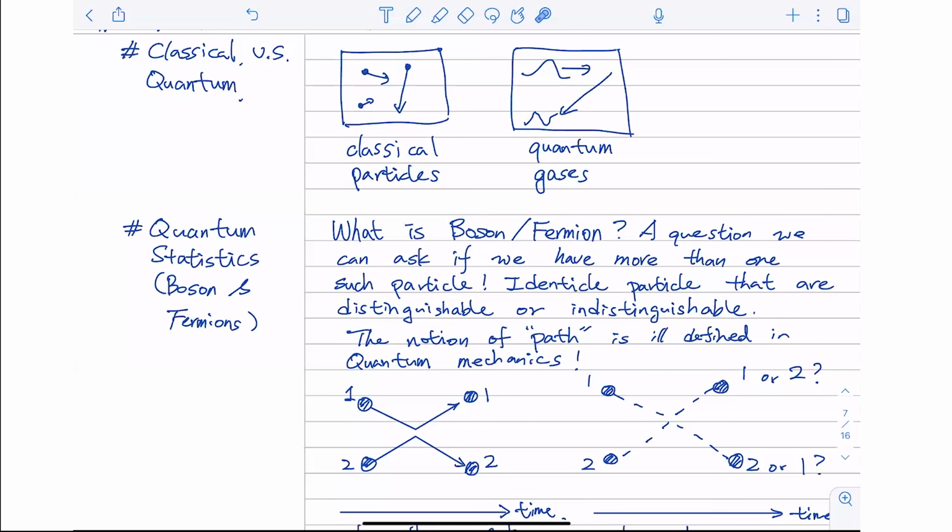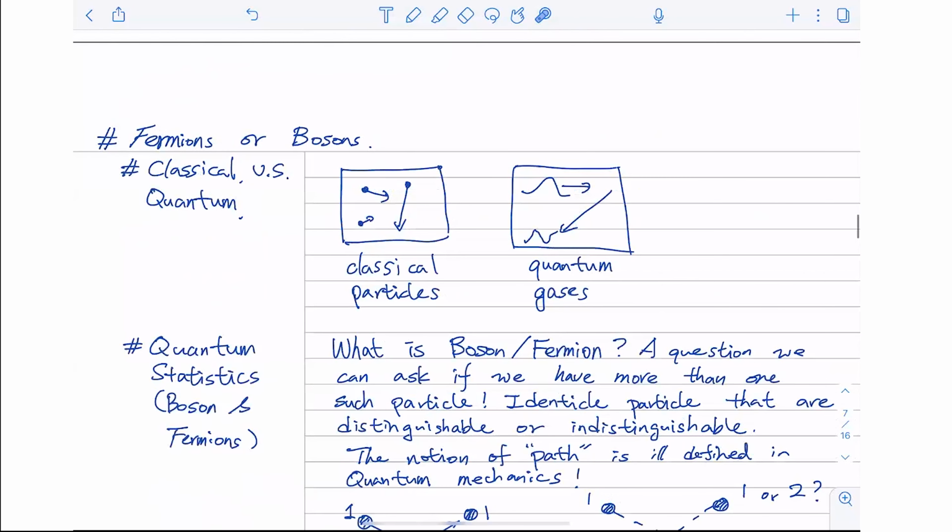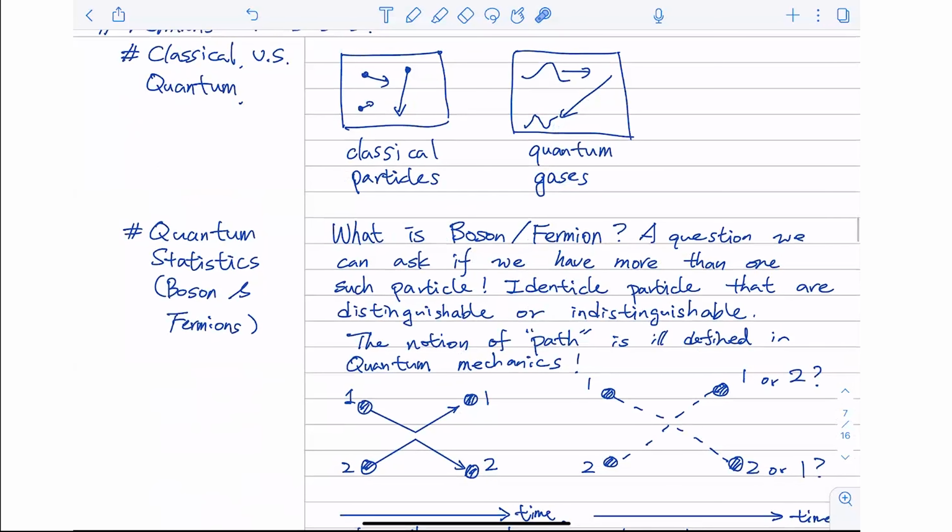And the answer is whenever the wave function overlap is no longer negligible, one should start to consider the quantumness of the system from the wave function point of view. And from the wave function point of view, it will lead to the idea of quantum statistics, which is what we just discussed about the distinction between bosonic system and fermionic system.